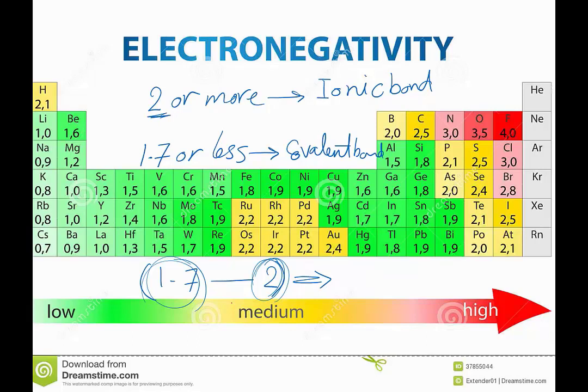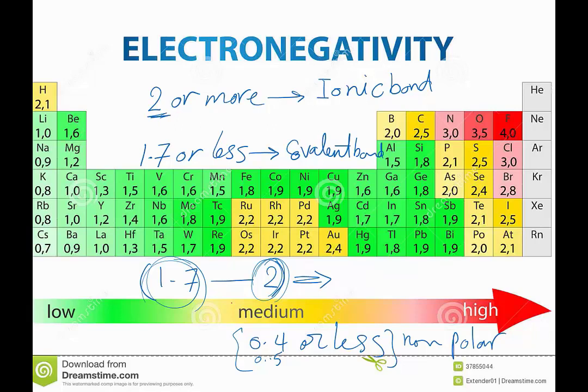Also, there are violations. Also, there is something else. If the difference in electronegativity is 0.4 or less, and some books say 0.5, it depends, the bond is nonpolar. They consider the covalent bond to be a nonpolar bond.